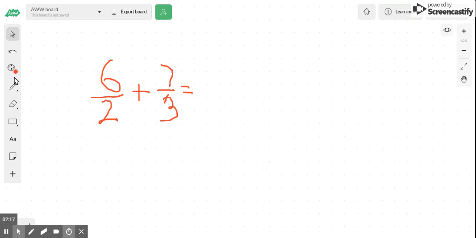When the denominators are not equal, you want to get them to the same denominator so you can add the numerators. You're not just going to add the denominators too. You first want to get your new denominators to the same number.